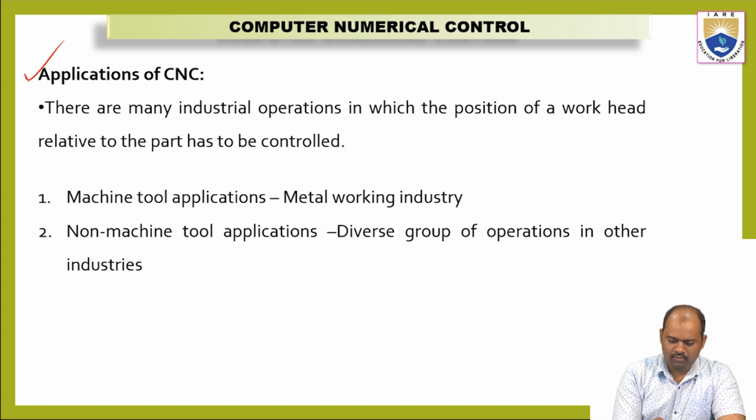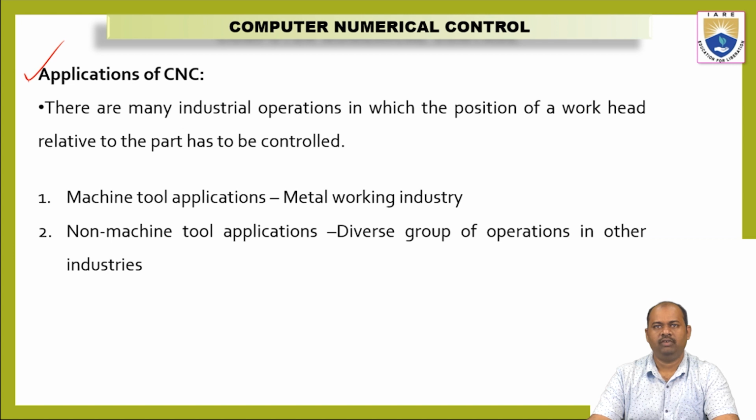Now there are many industrial operations in which the position of a workhead relative to the part has to be controlled. In any industry, there are many applications where we have to control the positions of workpieces and tools.